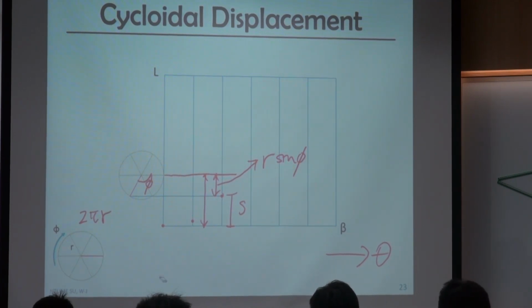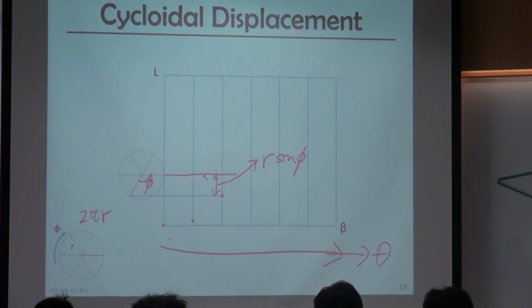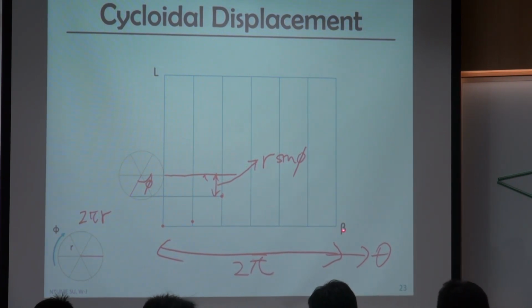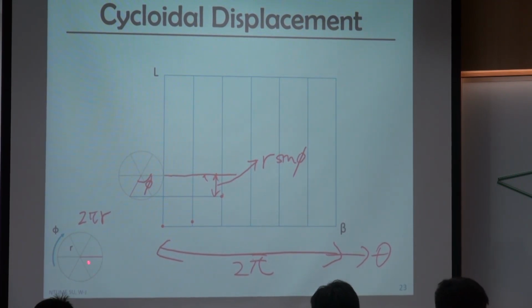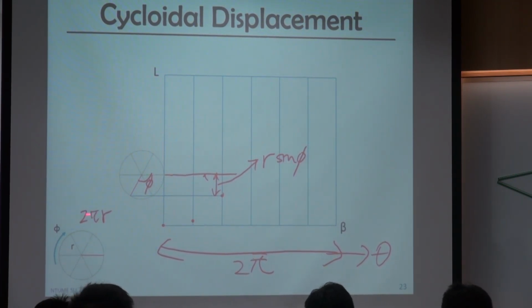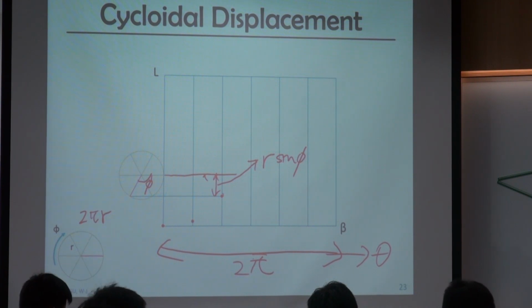And on the other hand, we also need to convert the angle. Originally, for the coordinate of a small circle, you run for 2 pi. You run for one cycle from this point to this point. And each time you rotate with a certain angle phi. So phi over 2 pi should be in the same ratio as theta over beta.